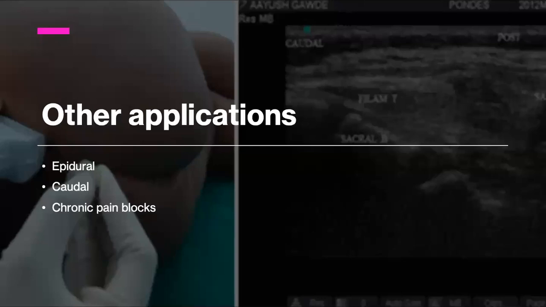And then lastly, I'm just going to briefly mention some other applications of ultrasound-guided neuraxial techniques. So this is particularly helpful in thoracic epidurals, where the anatomy just makes it slightly more challenging to find the spaces.